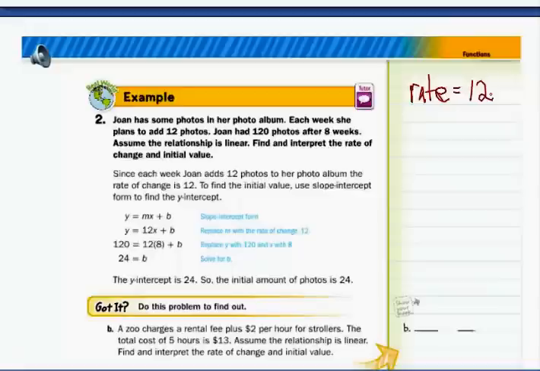She had 120 photos after 8 weeks. So this right here, even though they don't give you a graph, that is your XY coordinates. Also a little bit to remember. Do you remember that X is our independent value?